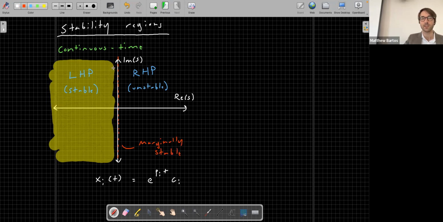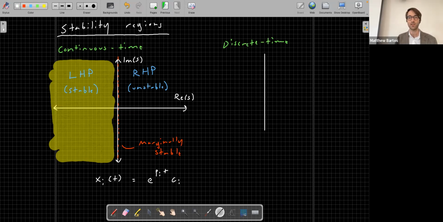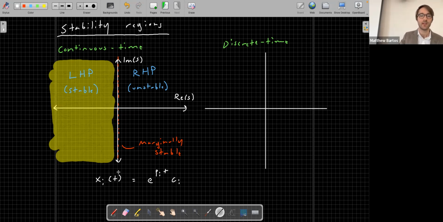Okay, let's take a look at discrete time systems. So just like with the continuous time case, our poles in the discrete time case are also on the complex plane. Here, instead of S, we'll be using a variable Z, but it means essentially the same thing.